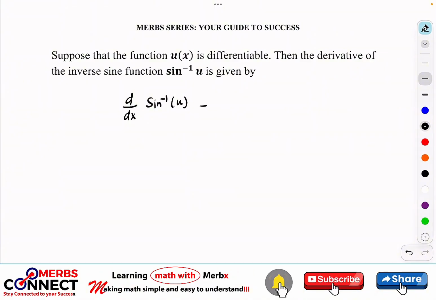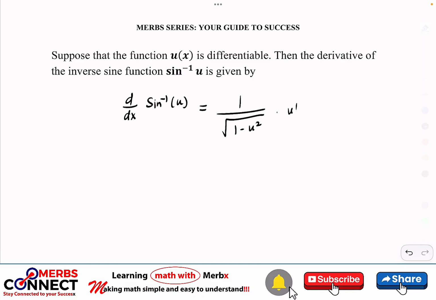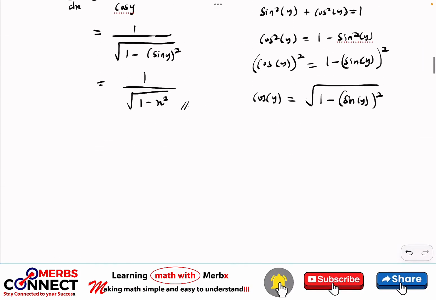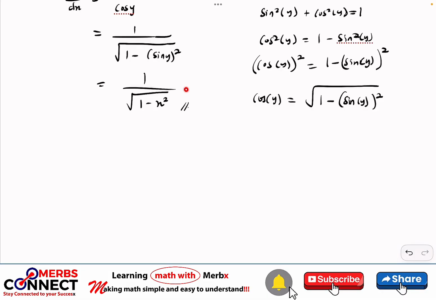So now you are not using x. What is going to happen here is this is going to give us 1 divided by the square root of 1 minus u squared. But here we need to multiply it by u prime. The reason why we didn't have anything like times x prime is that x prime is the same as dx over dx, which is equal to 1. So this is just multiplied by 1 that we are not going to see.